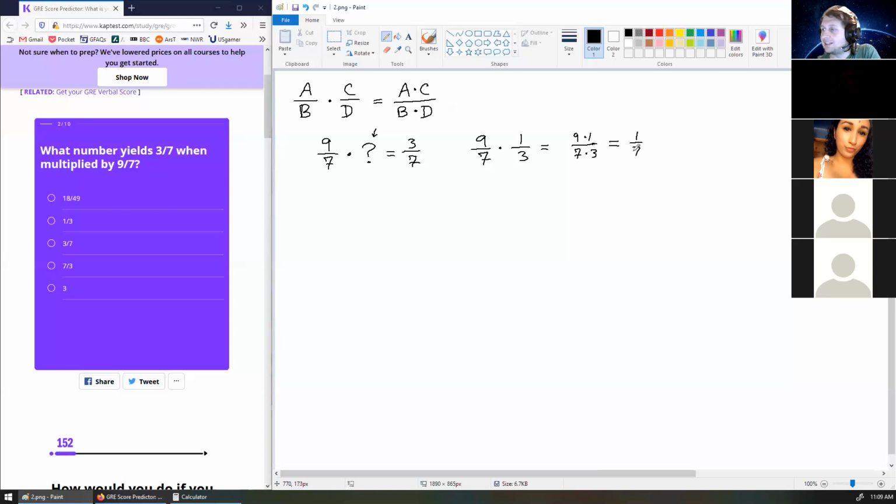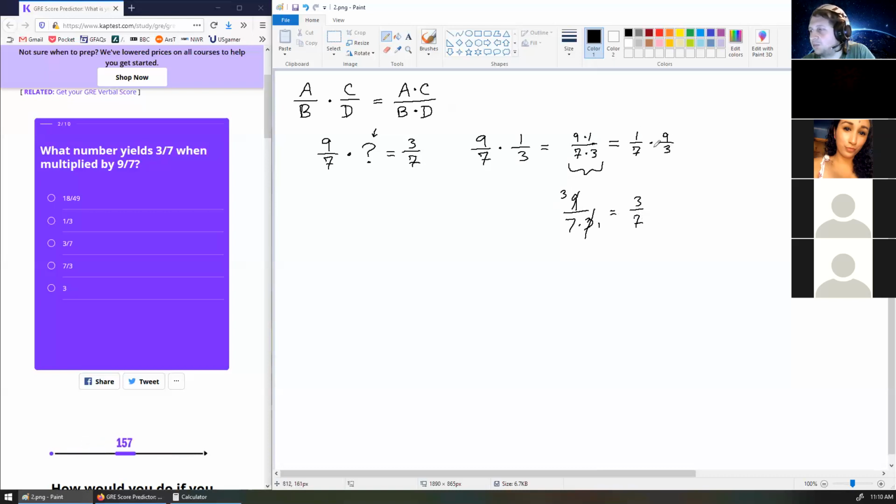I could rewrite this as 1/7 times 9/3, like this. Because it's all multiplied together, the order doesn't really matter. So either way, if we're doing 9/7 times 1/3, you can cross those out. 3 goes into 3 once, 3 goes into 9 3 times, equals 3/7.